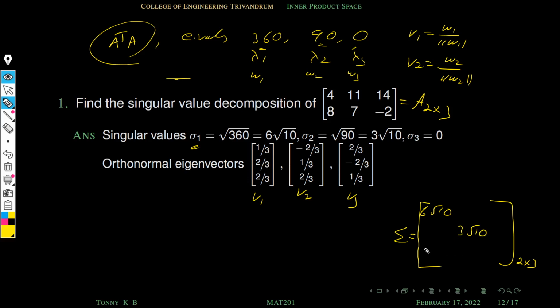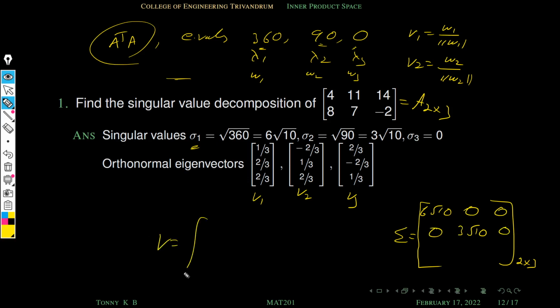The order of sigma should be 2 by 3, so we add sufficient zeros to make it a 2 by 3 matrix. We add a 0 here and a 0 here, and now it is 2 by 2. To make it 2 by 3, add 2 more zeros. Now this is our sigma. Clear?